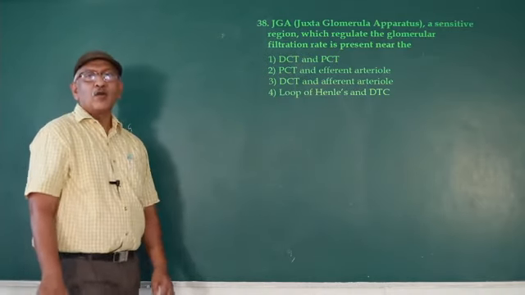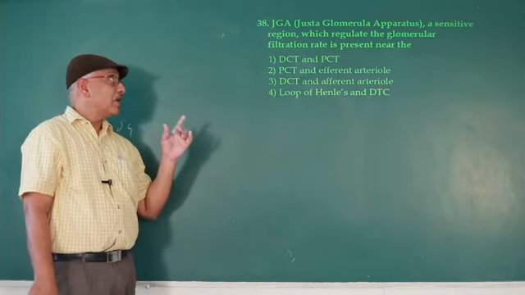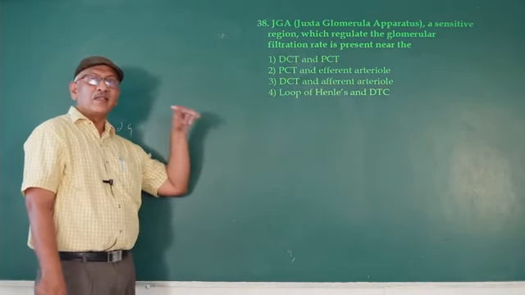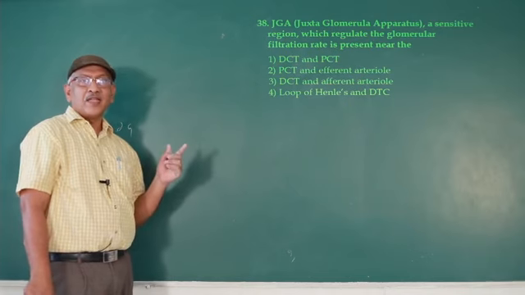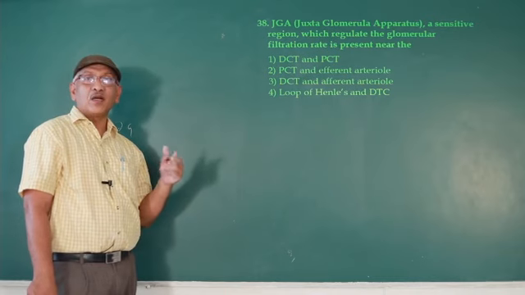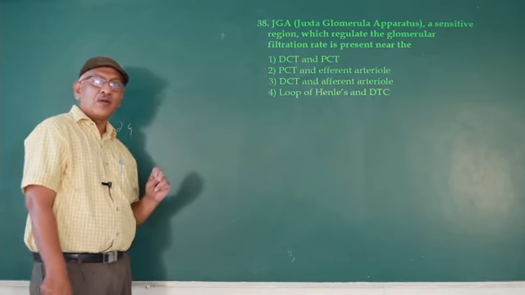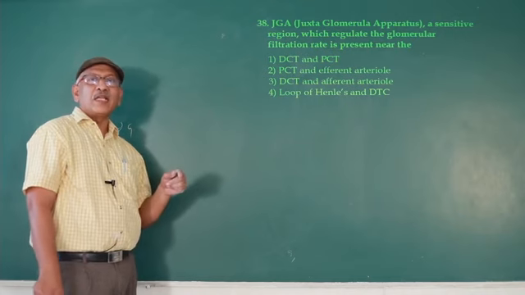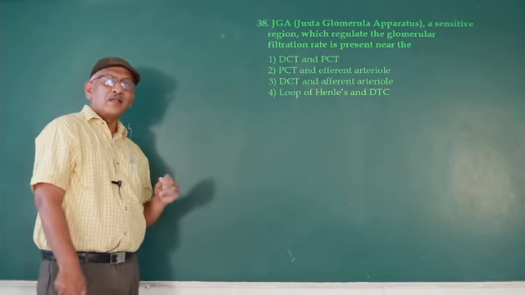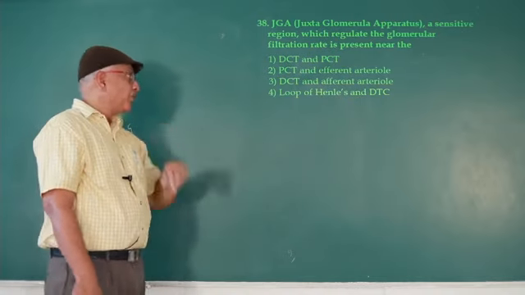Whenever the blood volume decreases in the afferent arteriole, at that time juxtaglomerular cells release the renin enzyme. Renin converts the angiotensinogen secreted by the liver into angiotensin 1. Angiotensin converting enzyme secreted in the lungs converts angiotensin 1 into angiotensin 2.